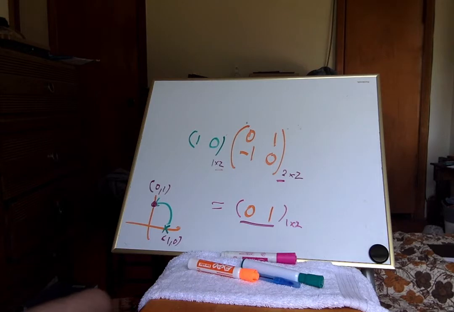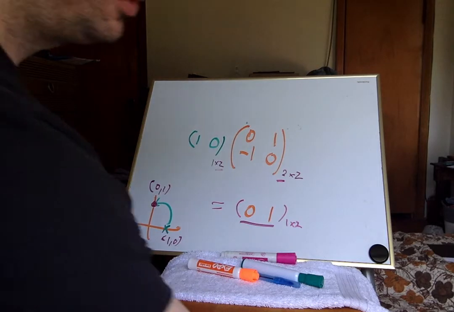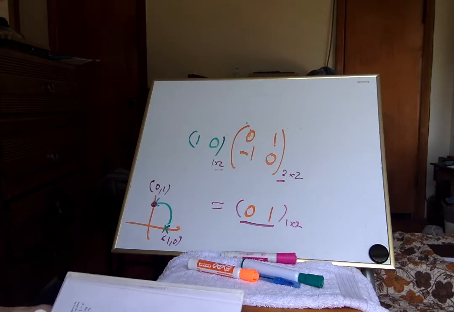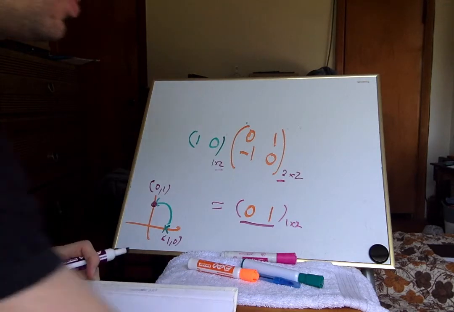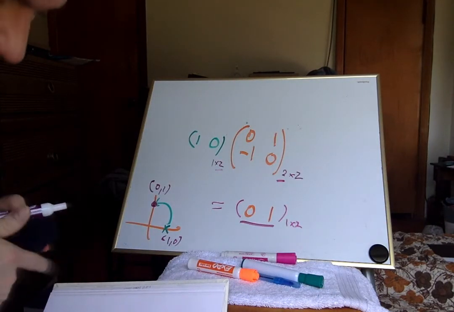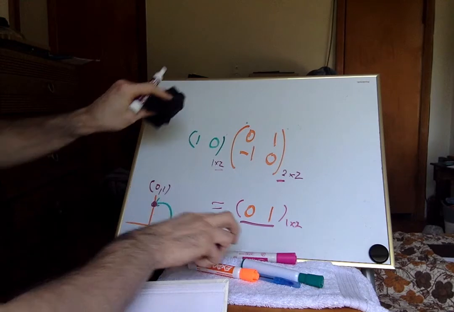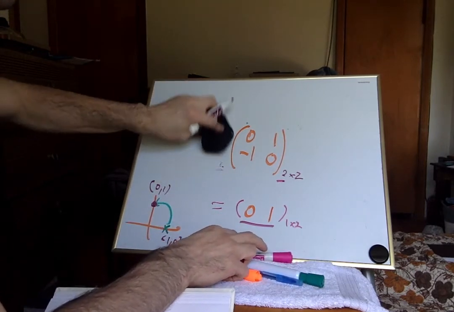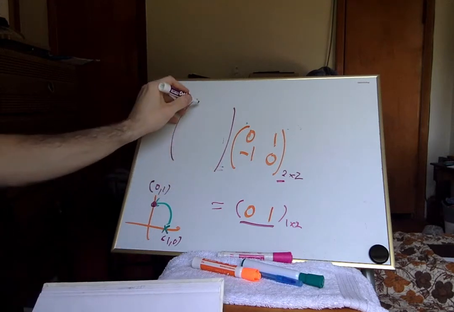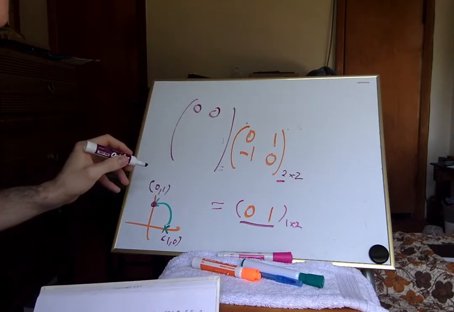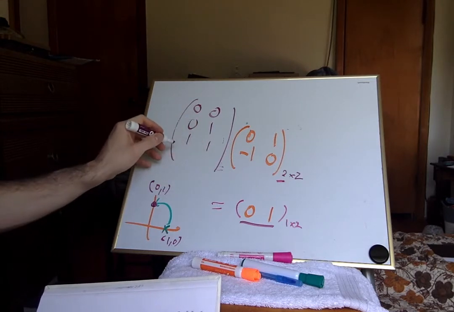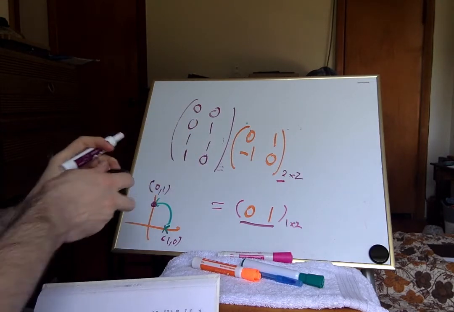Okay, now your textbook doesn't do this very simple example. It does not do it. Instead, it does this. It does the square that we worked with earlier. So they use S, right, which is 0, 0, 0, 1, 1, 1, 1, 0, okay?